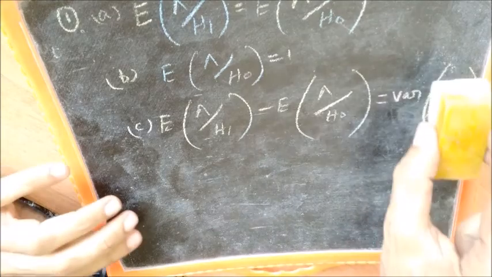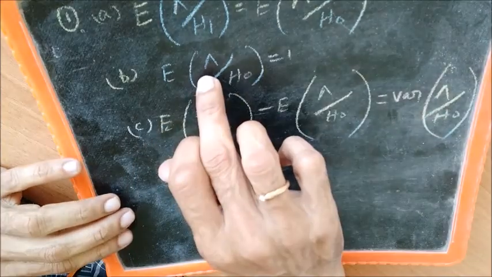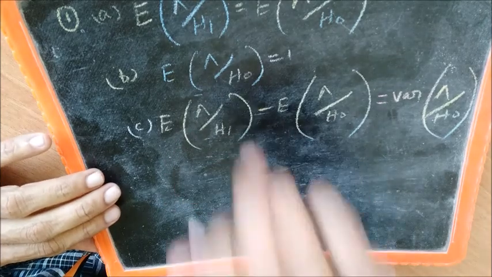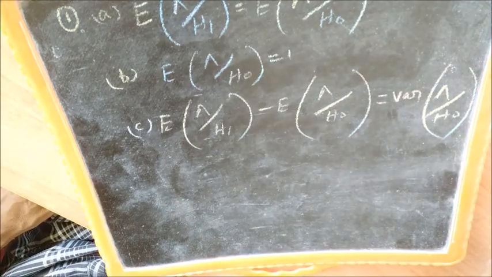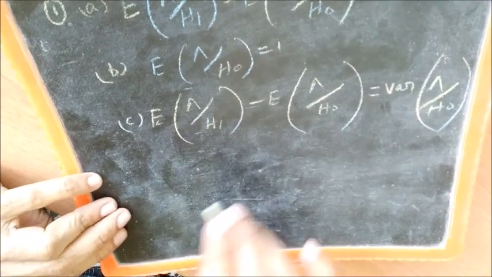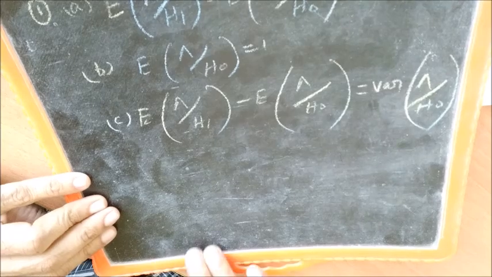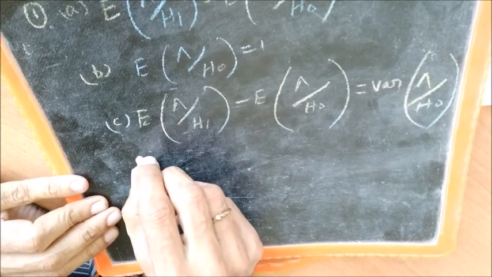We will first try to show that the expected value of the likelihood ratio given h0 is true is equal to 1. Here some recollection of background theory is required, so we will quickly do that.